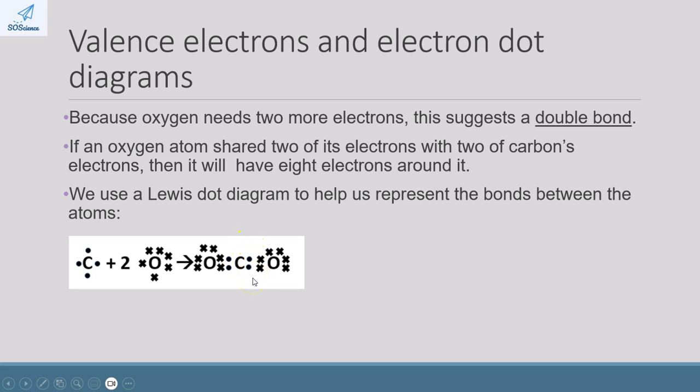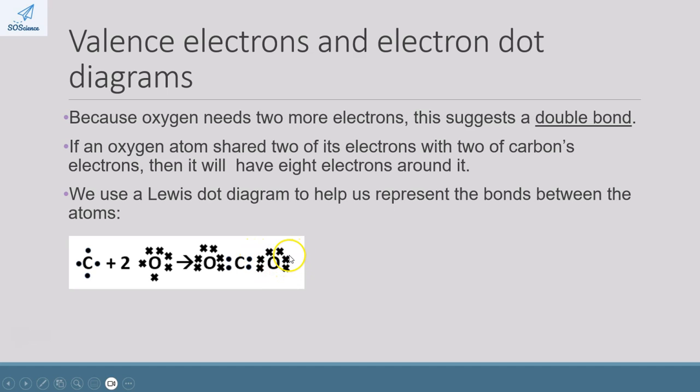I want you to note that once we have created bonds, the electrons do not exist on their own. We should never ever separate this electron and put it at the bottom. They've got to stay in pairs. The other thing we need to note is that the one pair is going to move as far away as possible from this bonded pair due to forces of repulsion of electrons.